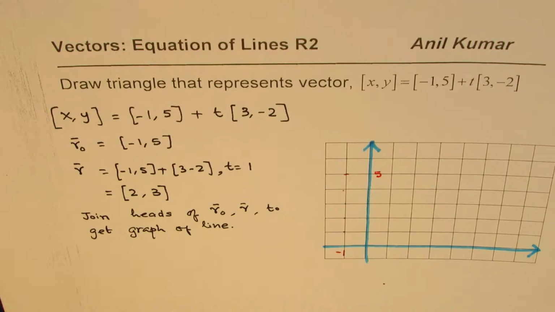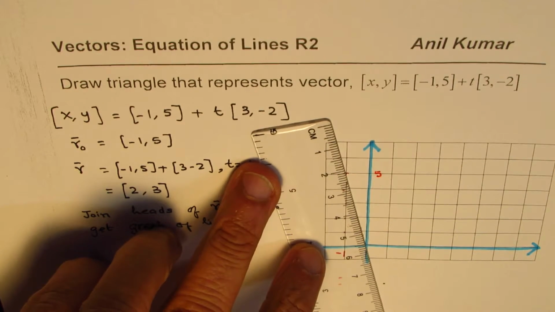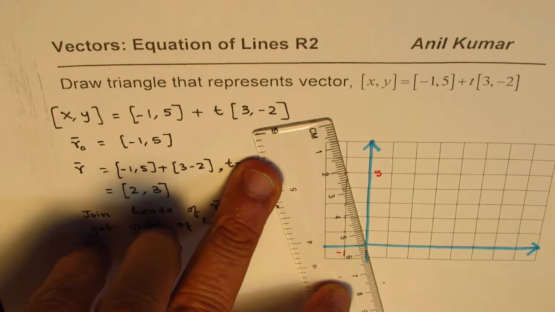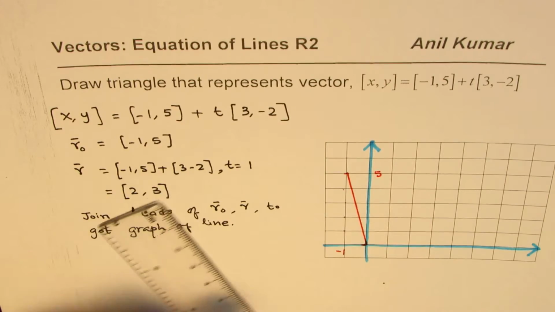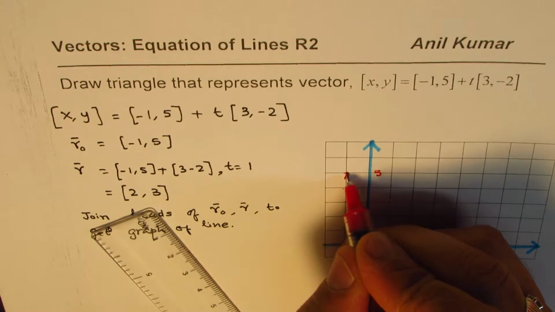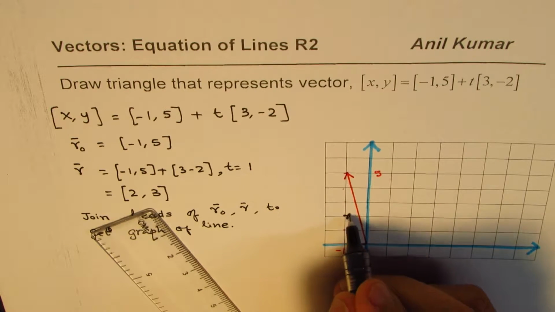So that is the position vector. You can always draw this from the origin. So the tail is at the origin and the head is at the location given, which is (-1, 5), right? So this position vector is r0 for us.